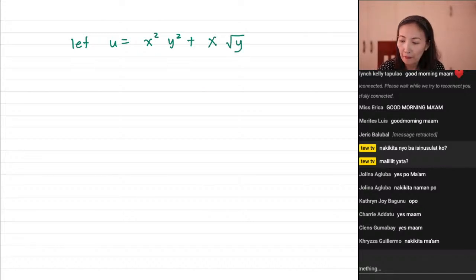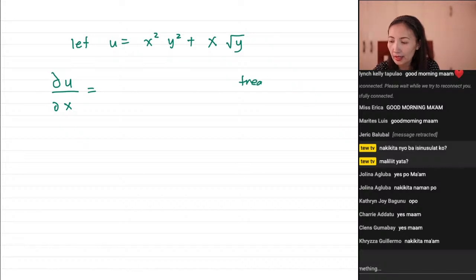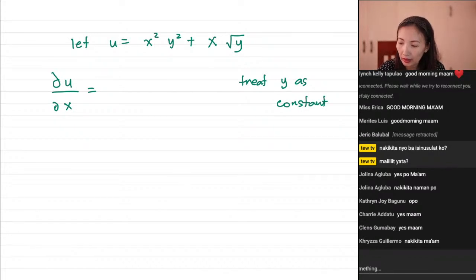So, find the partial derivative of u with respect to x. Treat y as constant, because we are differentiating with the variable x. So, this is a constant, and this is also a constant.